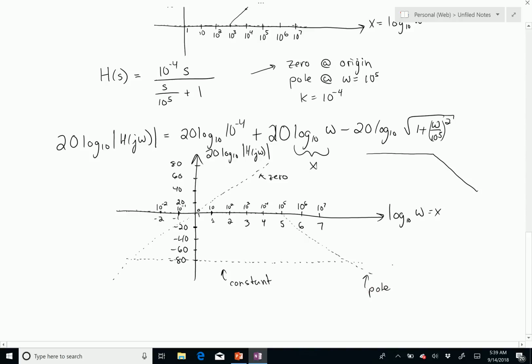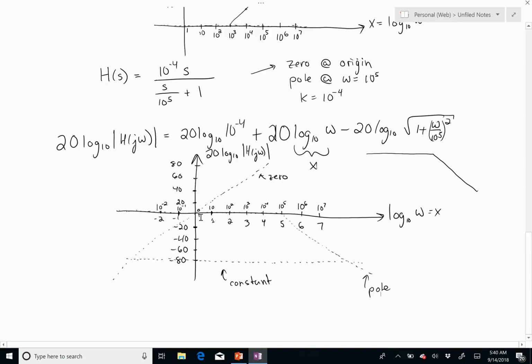What I have to do is add their effects up. Okay, I have to add their effects up. So that means that at every given frequency, beginning over here, I need to say it is the sum of the pole plus the constant plus the zero. All right, I do that at every frequency.